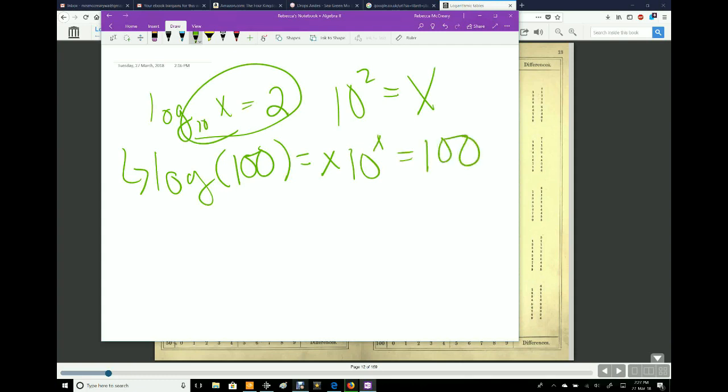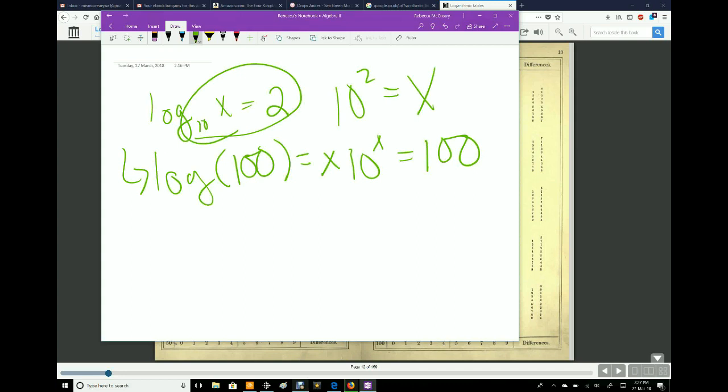However, there are some times when you don't want to deal with log base 10, and modern technology allows us to just go into Desmos or go into our calculator and just change our base. But that wasn't always the case. So what we want to do now is figure out how to use these logarithm tables, which is what people had for a very long time.